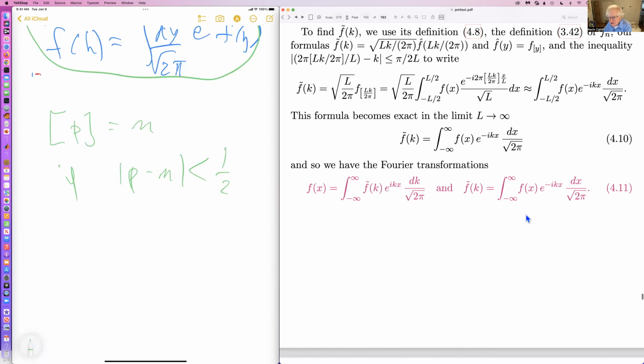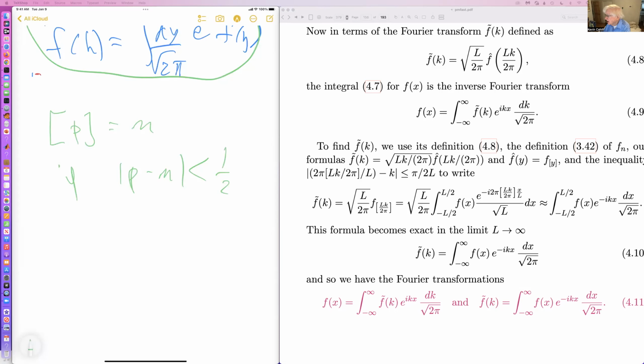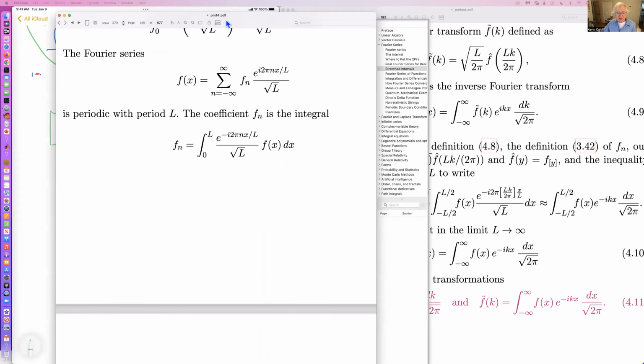So I'm trying to find that on a different screen. Right, okay. So here I'm going to blow this up, and I'll bring it over to this screen. What our old definition of f sub n was this. So that's how we find out what this thing is.